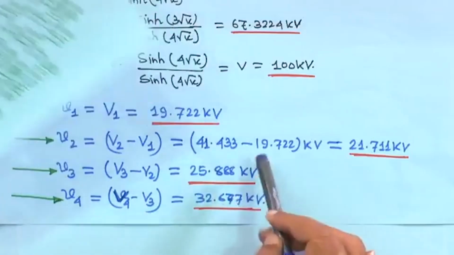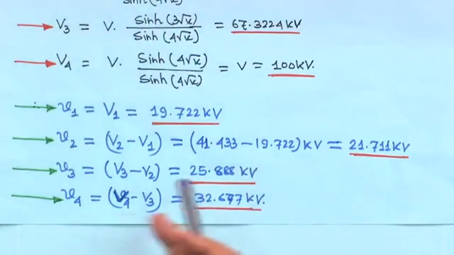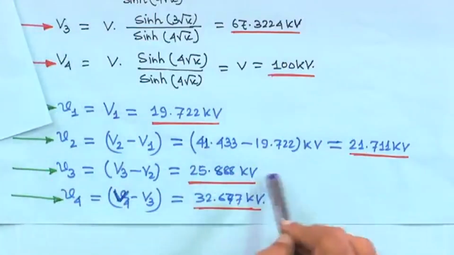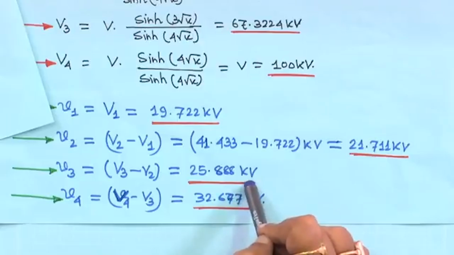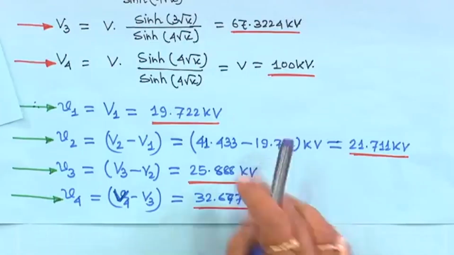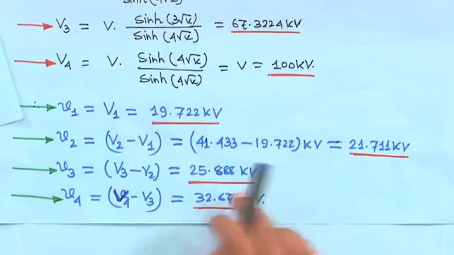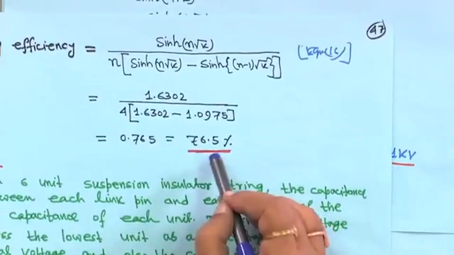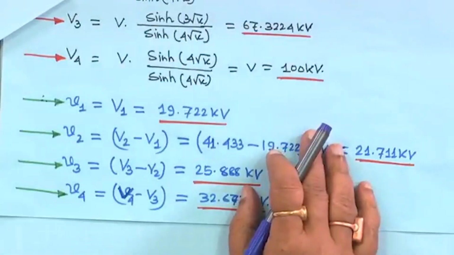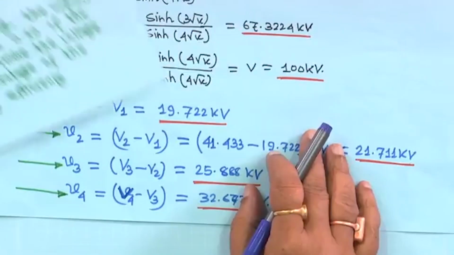Compare this result with the general method we did before, which was in terms of Kc. Compare the results and see the differences, whether you get any differences or not, for your exam and assignment purposes. This is an exercise for you. We will come to more examples on insulators. Thank you now.